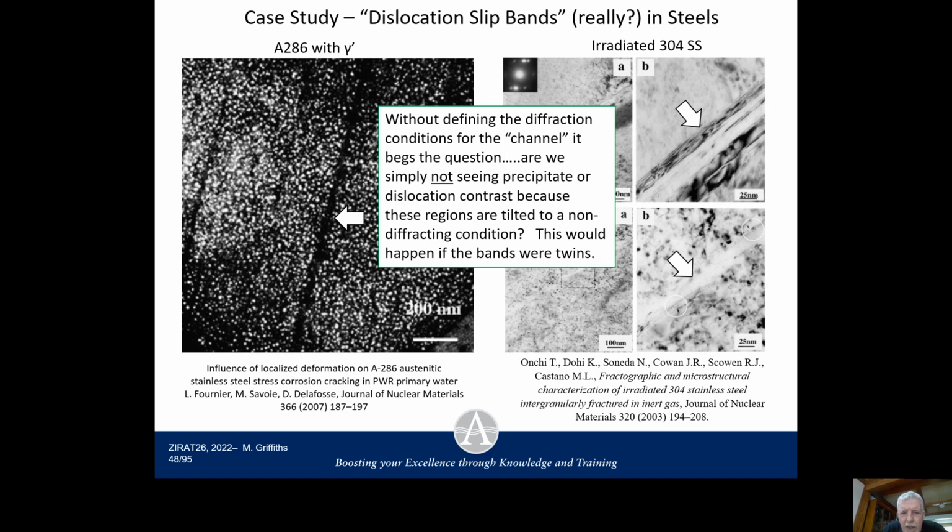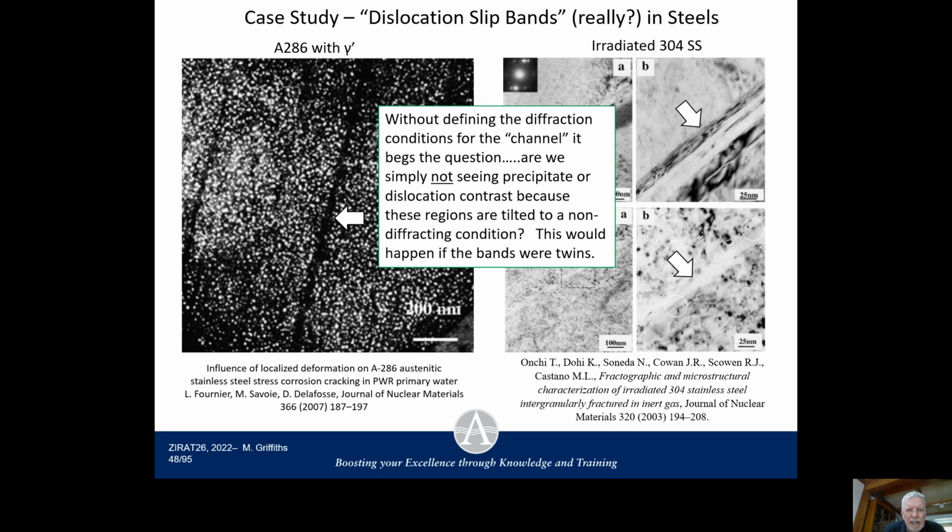What this says to me is that, if this is a twin, then the diffraction conditions that exist here do not apply here. The diffraction conditions that apply here do not apply here. And in this particular case, this author, Onshi, even talks about twin faulting being observed at the edge of the bands, but he still doesn't call them a twin. To me, that's somewhat bizarre.